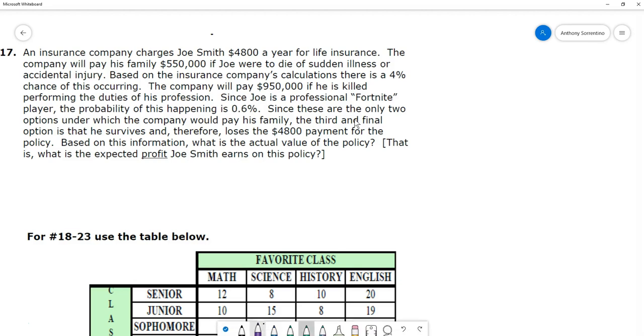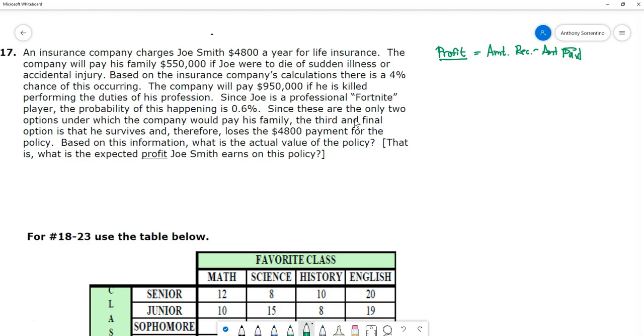For this instance, my profit is equal to amount received minus amount paid. Have a little trouble getting it written over there.